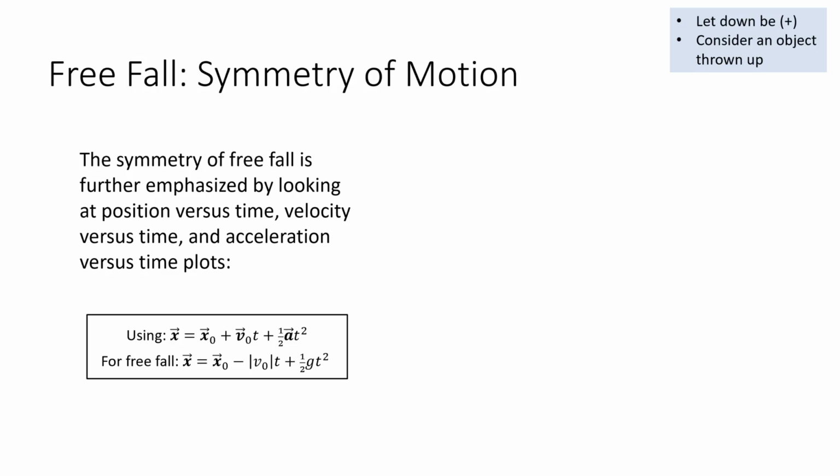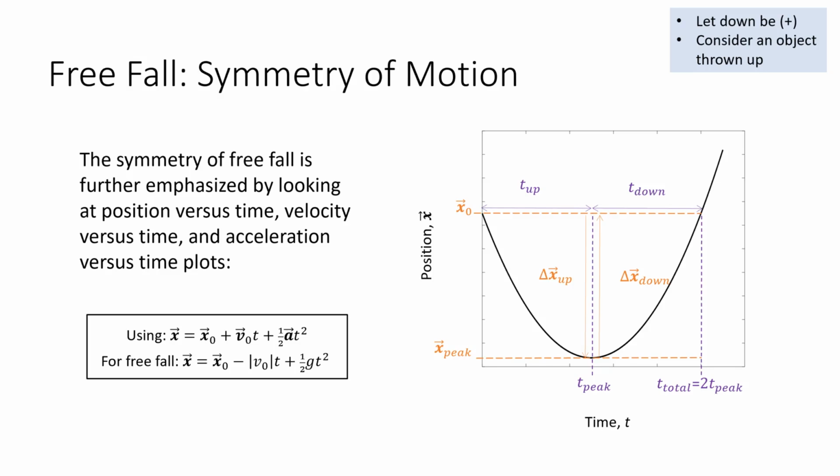Okay, so if I were to plot this, first of all, would it be concave up or concave down? Well, remember that when we have positive acceleration, we expect our graph to be concave up. And so here I would expect something that looks kind of like a U. And that is in fact what I get when I graph my position versus time. So you might be wondering, why is my position getting smaller?